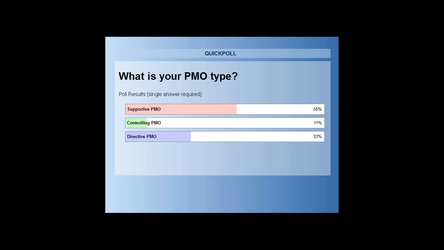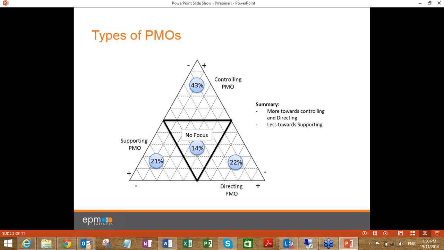With the reporting tools and everything, this is the most common one globally. The directing and supporting PMOs are kind of equal, both at 21 to 22% of the PMOs out there.